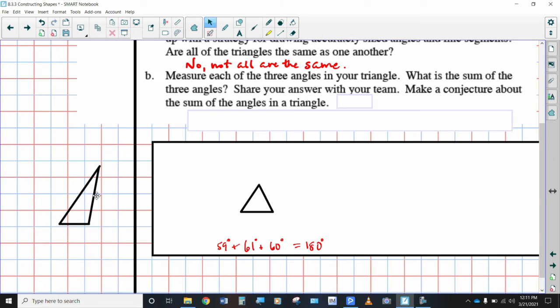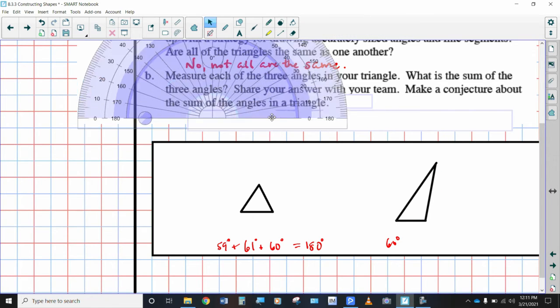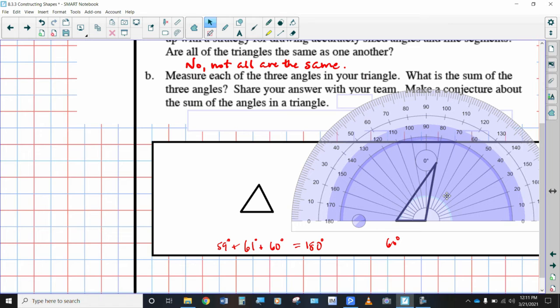All right, so let's take this one. And remember, that was the 60 degree right here. So let's see what this one is and what that one is. So for this one, this appears to be about 100 degrees.